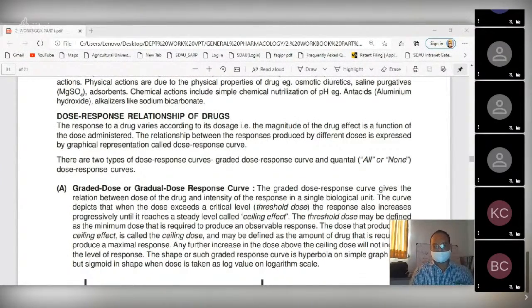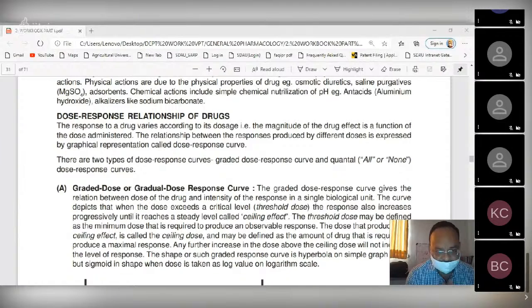By studying the relationship between the dose and response, we can understand many aspects, quantitative as well as qualitative, of the drugs: its efficacy, its potency, its median effective dose, and then median lethal dose. We can plot the curves, we can find the therapeutic margin, and we can find the overall pharmacodynamic profile of the drug.